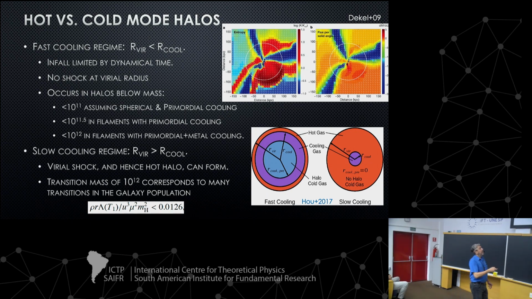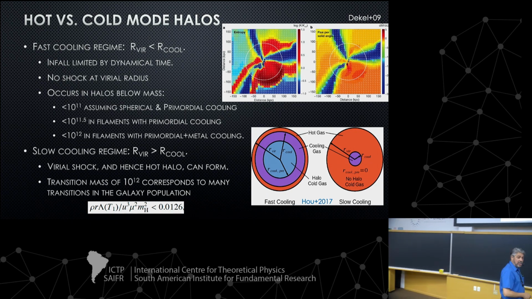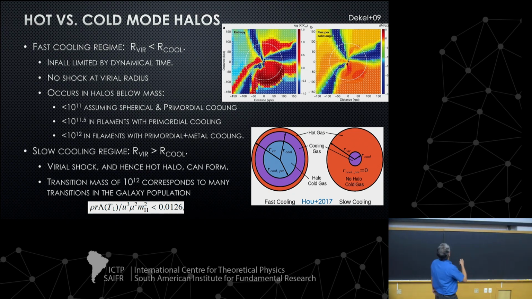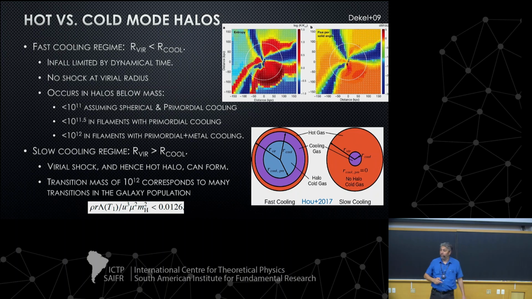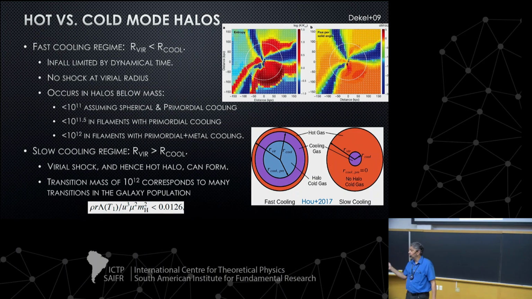Now, this is an illustration of a simulation that shows this. Let's look at this plot right here. This is the inflowing flux per solid angle. And this is a forming halo right here. Here's the gas coming in, and you see it comes in along these streams. These are these cosmic web filaments that we talked about.